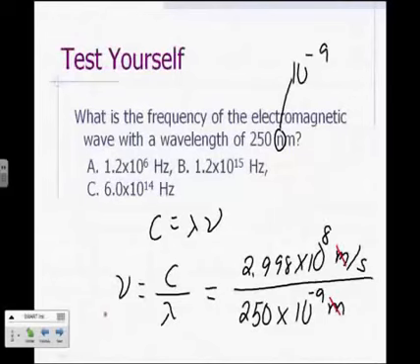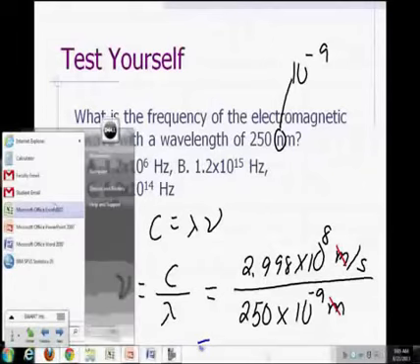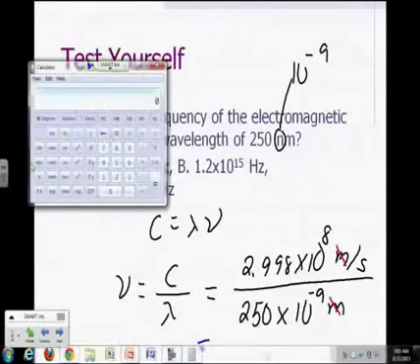So that gives you how much? It's 2.998 times 10 to the 8 divided by 250 times 10 to the negative 9.